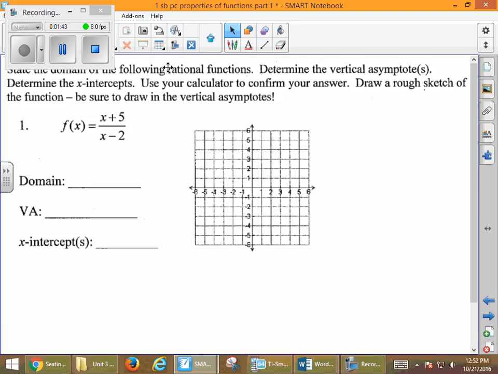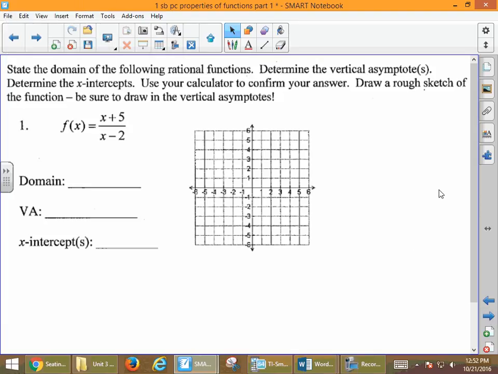So if we look at this example here, it says state the domain of the following rational functions, determine the vertical asymptotes, determine the x-intercepts, use your calculator to confirm your answer, draw a rough sketch of the function, be sure to draw in the vertical asymptotes. Well, we can even start with our calculator here. We can type in this function.